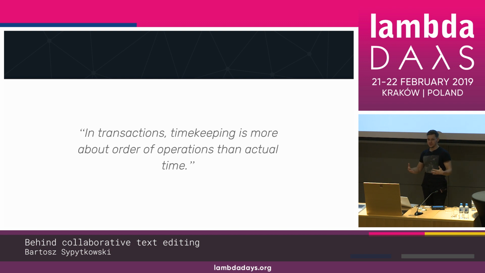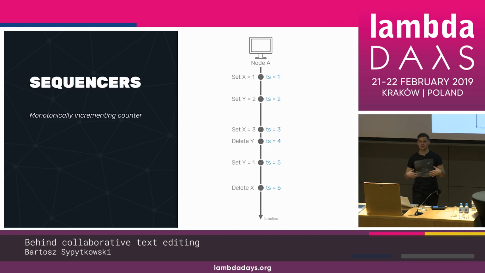This is something that we could make a separate talk about, but not this time. The key point here is that when we are talking about transactions, operations, and applications, and so on, we are actually interested in the order of the operations. It doesn't have to be a specific point in time. It has to be something that we can compare. This is what we are interested in. So the simplest way to do comparison is to use sequencers, like in databases when we are creating a new ID for our column, primary key, auto increment.